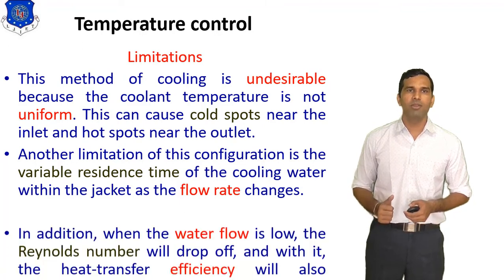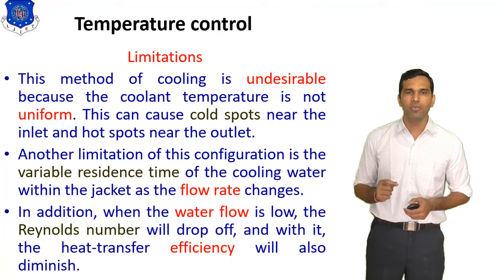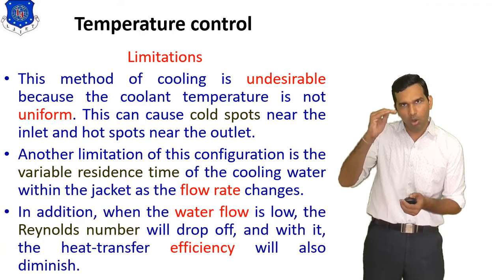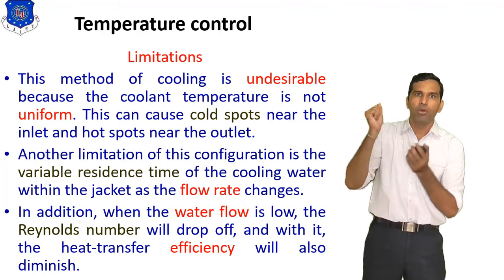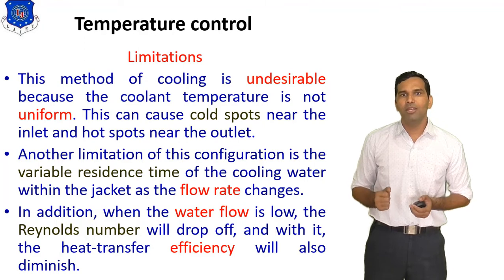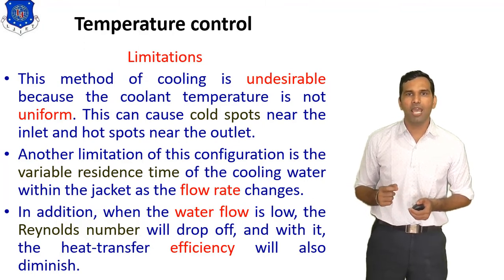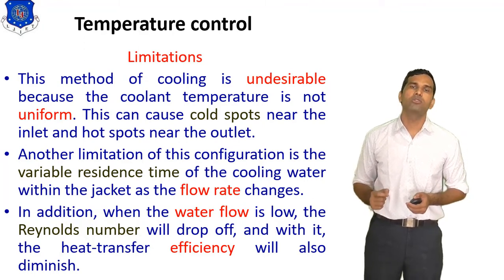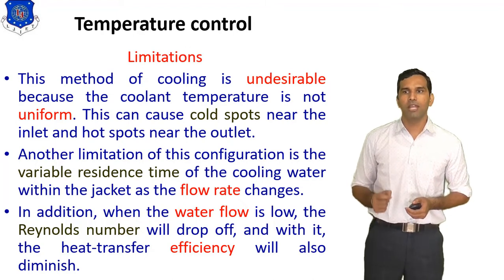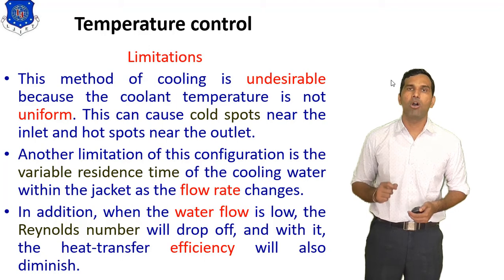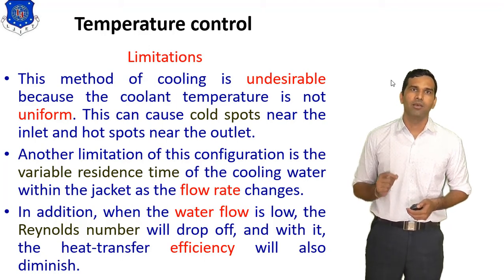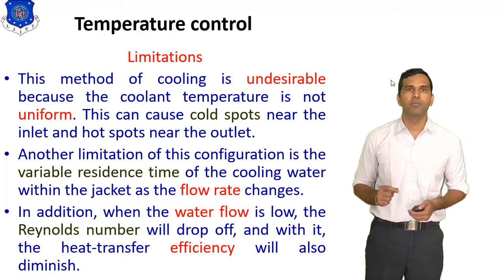The last limitation is that when the water flow is low, the Reynolds number will drop off, and with it the heat transfer efficiency will also diminish. That means the efficiency is also affected by this controlling system.